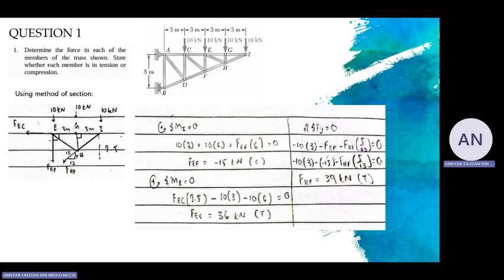How did we get 5 over 30? We refer to the figure in the question, which shows the total vertical is 5 meters and the total horizontal distance is 3 times 4, which is 12 meters. So FHF is the hypotenuse, which means we have to find the hypotenuse distance.